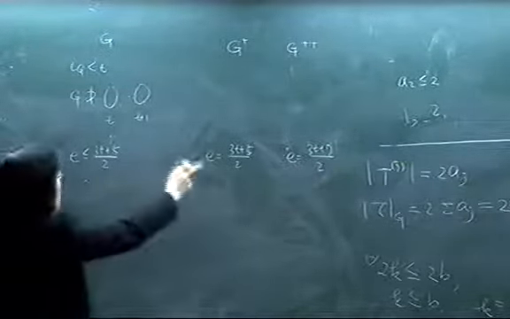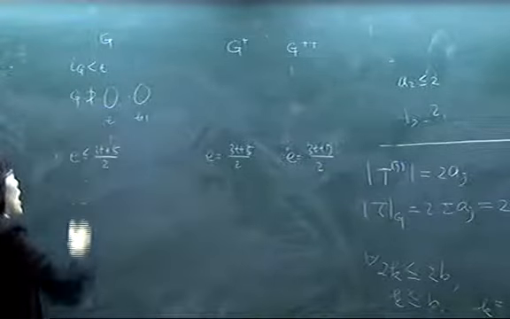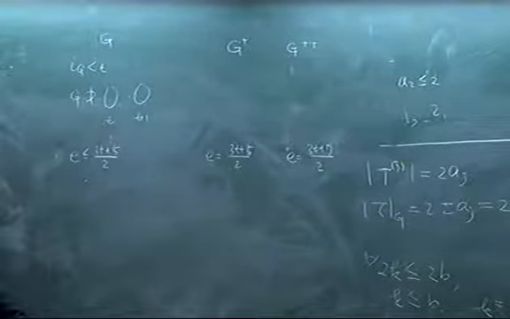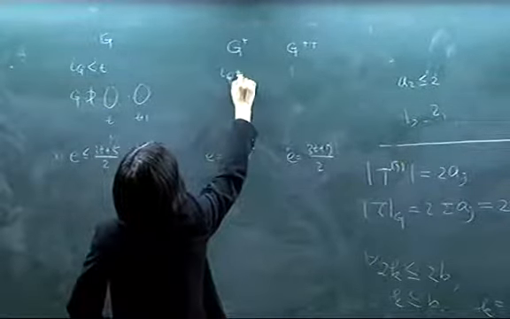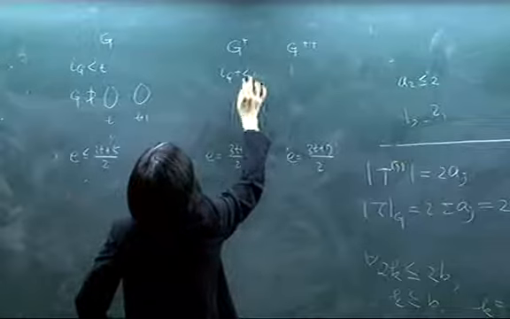If you add edges on the graph, the independence number will be reduced, but not increased. So I of G plus is still less than T.